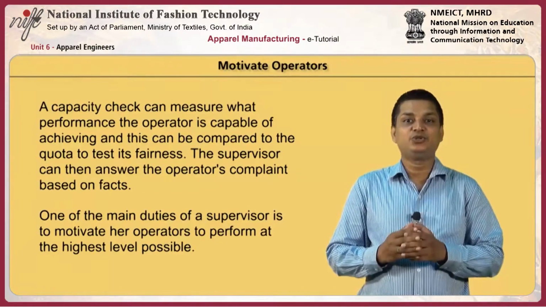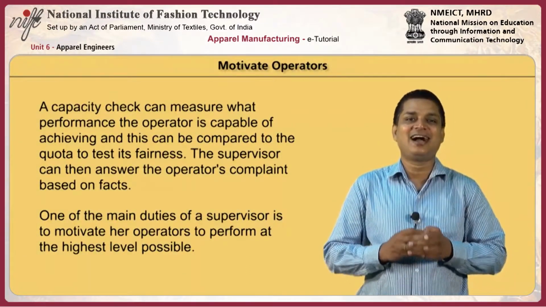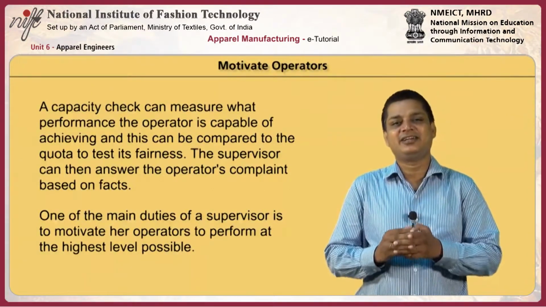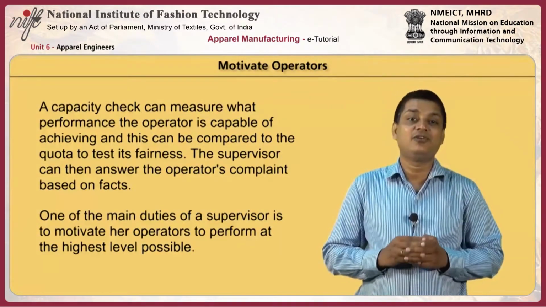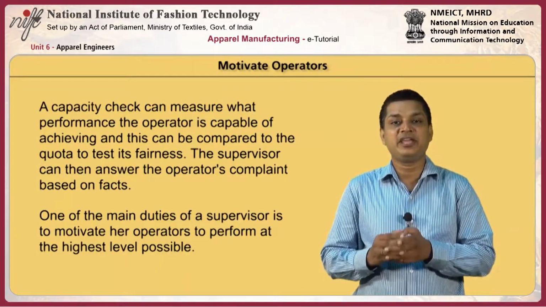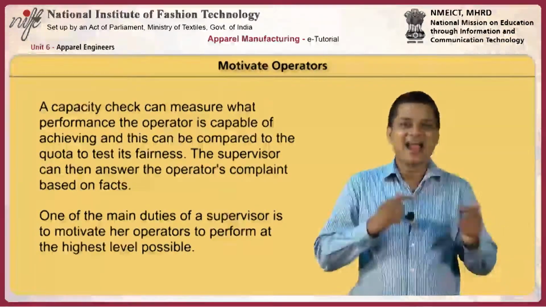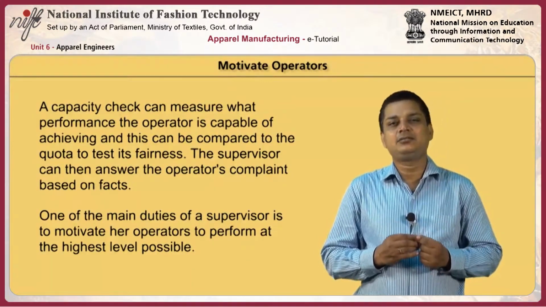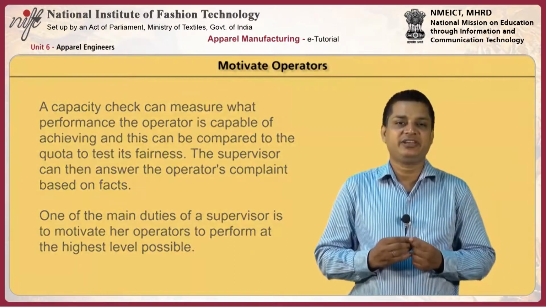One of the main duties of a supervisor is to motivate her or his operators to perform at the highest level possible. In many cases, however, operators perform at less than their capabilities simply because they do not realize what their full capabilities or capacity are, or do not realize what it would mean to them to perform at this level. It is not at all unusual in making a capacity study to discover a habitual 90 or 95% operator making a capacity of 110 or 115.